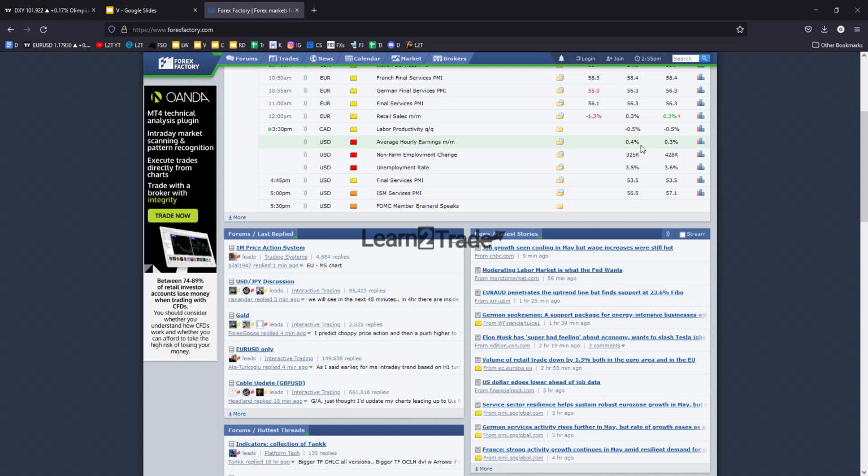Average hourly earnings 0.4% growth expected versus 0.3% growth in April. Also don't forget ISM services PMI, final services PMI. High impact indicators, and don't forget that the volatility could be high around this economic data, around the US data dump, so you'll have to be careful.